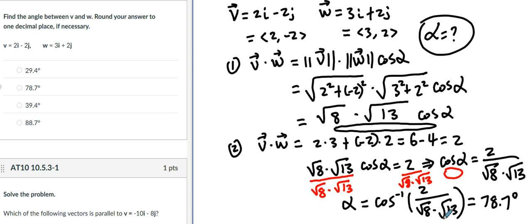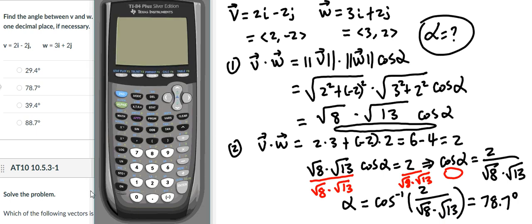By using the calculator. And here is the calculator. Turn our calculator on. And then make sure the calculator is in degree mode. Here it is not in degree mode. Here is degree.